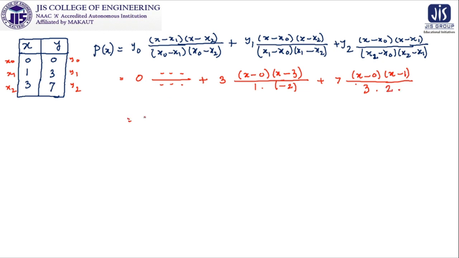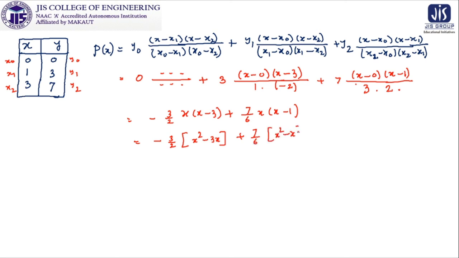So simplifying it, we can write it as minus 3 by 2 x into x minus 3 plus 7 by 6 x into x minus 1, and after that if I simplify it, obviously I will get minus 3 by 2 into x square minus 3x, plus 7 by 6 into x square minus x.